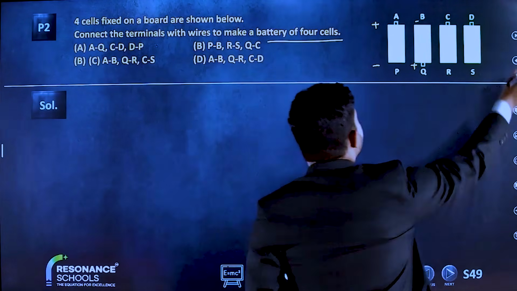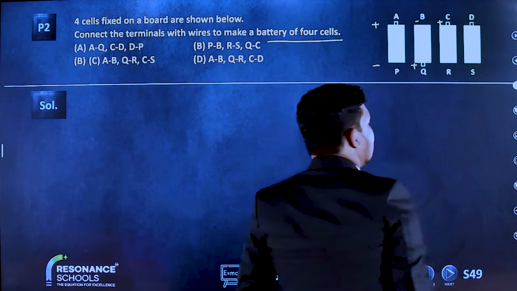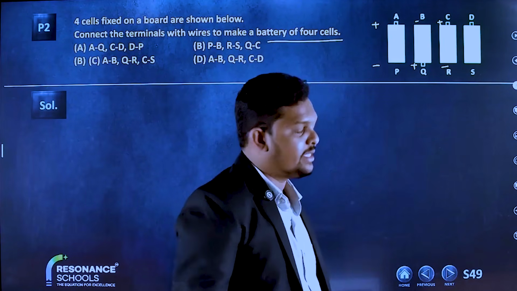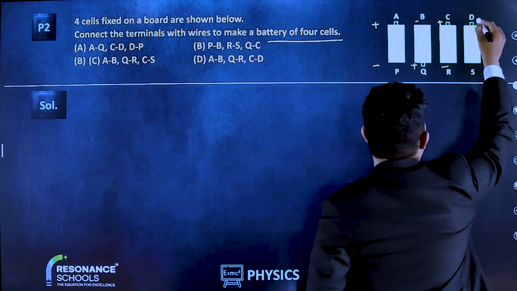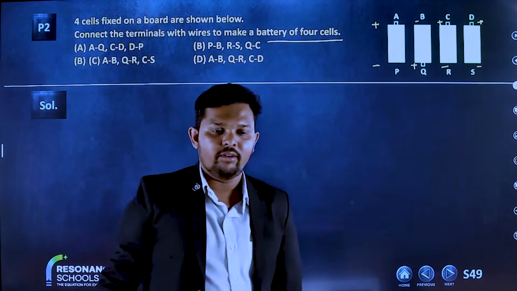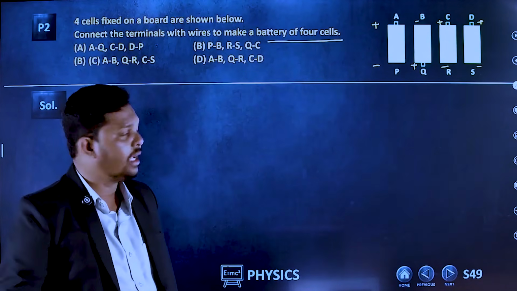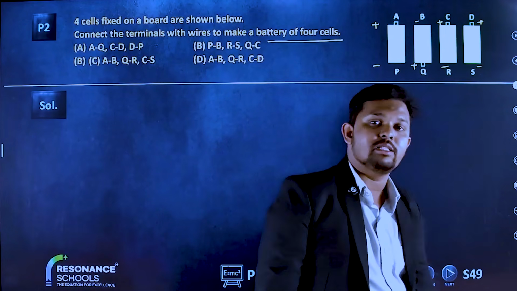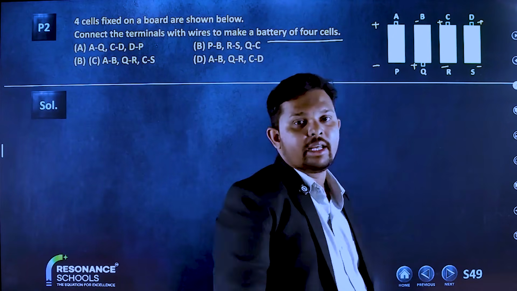Then again the C part is treated as positive, and R is treated as negative of a cell, and then again positive, and then again negative. I think everyone got till here. Positive, negative. The box, whatever you are able to see, is treated as positive, and the bottom one is taken as negative.